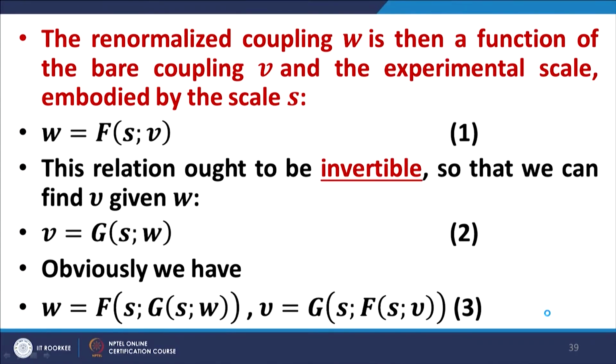So, we can write W as a function of S and V. Now, we need this relation to be invertible because we want to be able to determine the bare parameter out of the renormalized outcomes or the renormalized computations or the renormalized observations, and therefore, we must have V equal to G of S and W, which enables us, using 1 and 2, to simply write equation number 3.